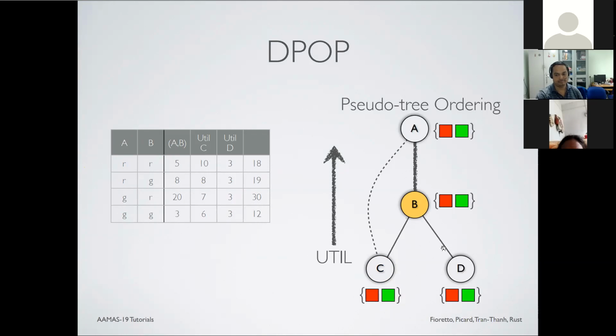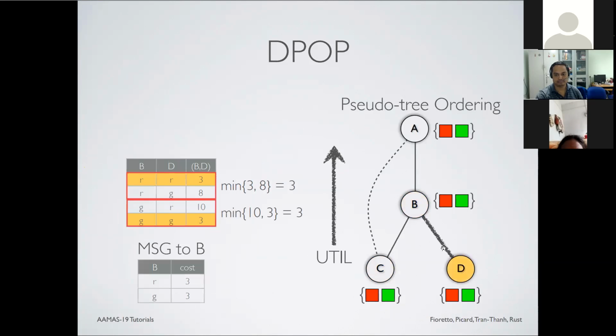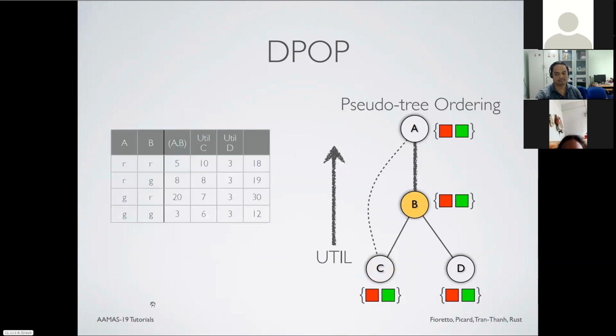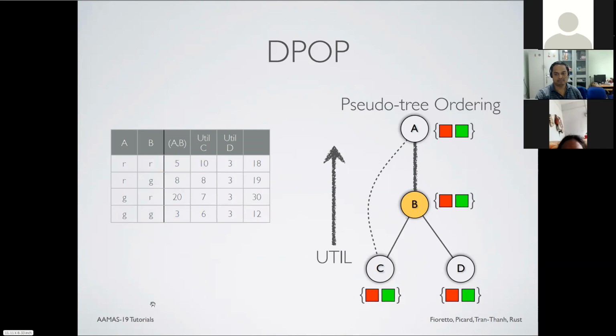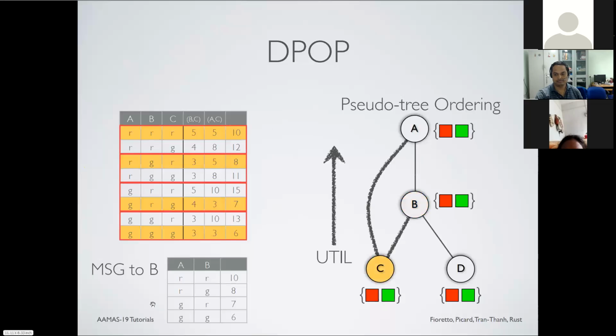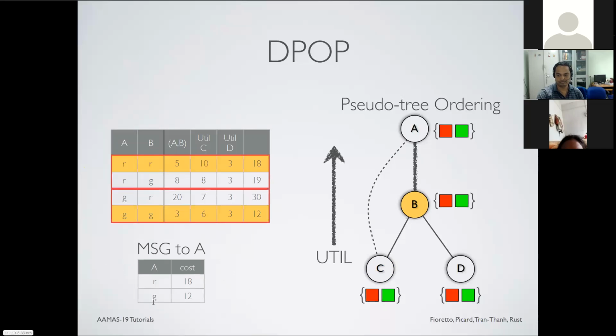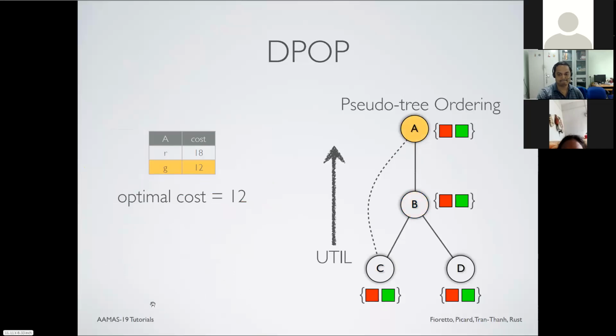That you will get. D, G. So optimal cost is 12.